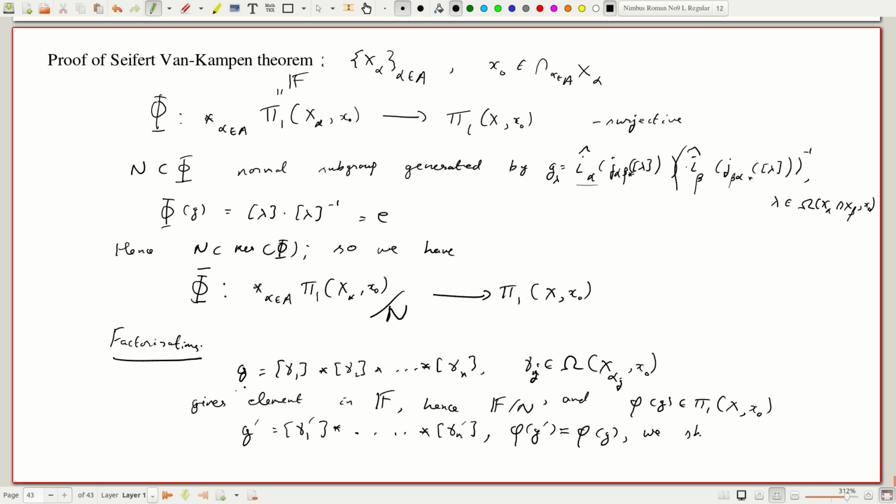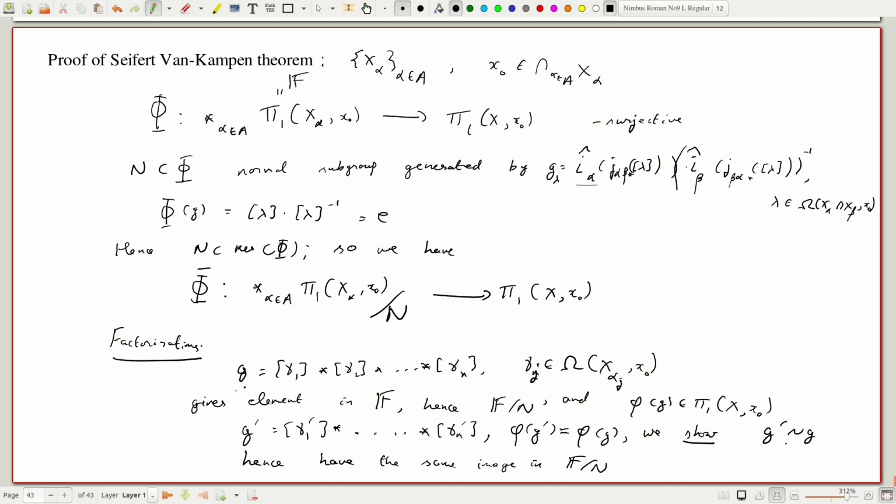We'll show next that g prime is equivalent to g under the equivalence relation we defined earlier, hence they have the same image in F over N. So these are the two main claims. The first one is the one which needs work, and we are going to show that.